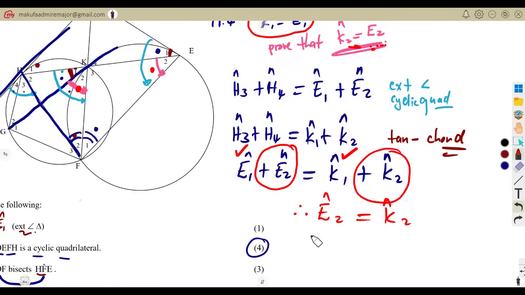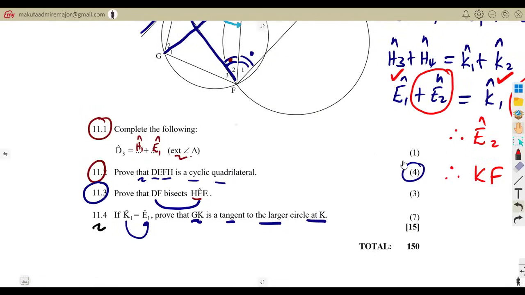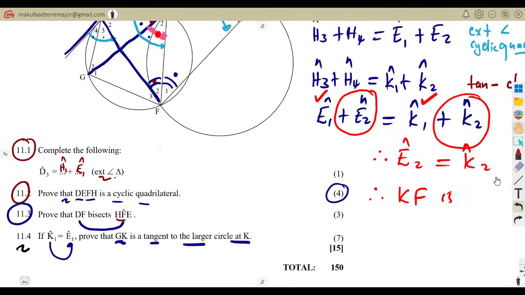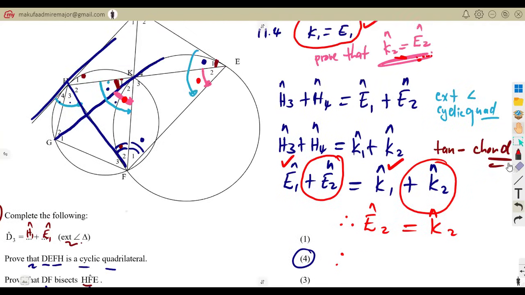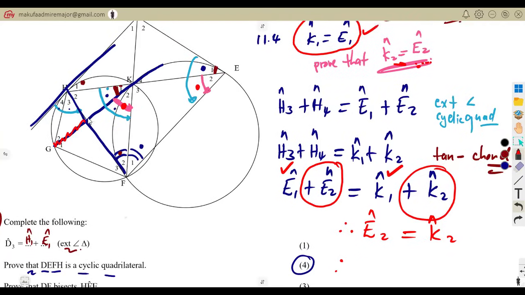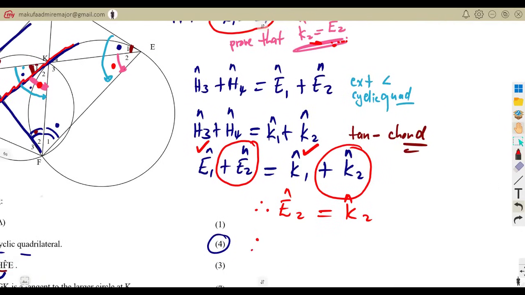So we are saying, truly, this part is a tangent. Not KF, but this one, guys, G to K. So therefore, we can prove that GK is a tangent.